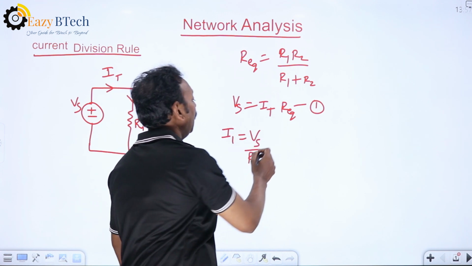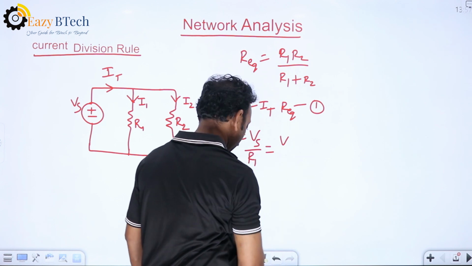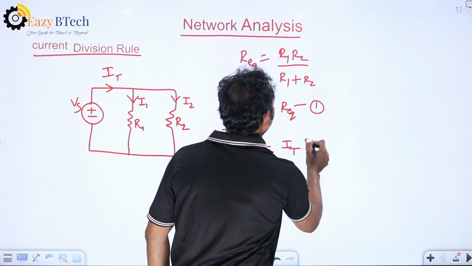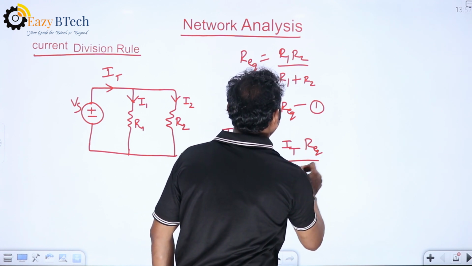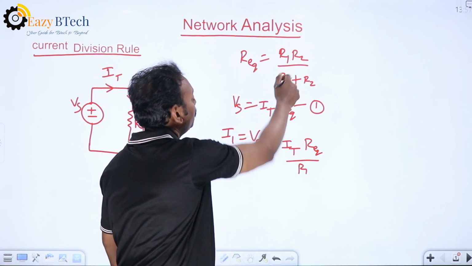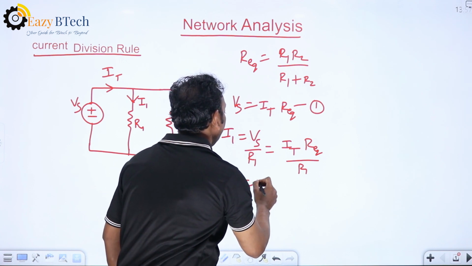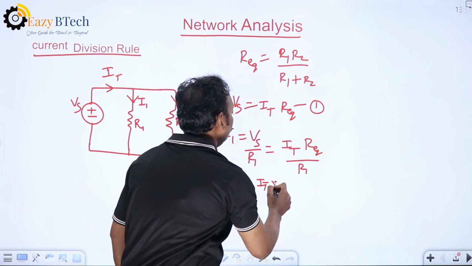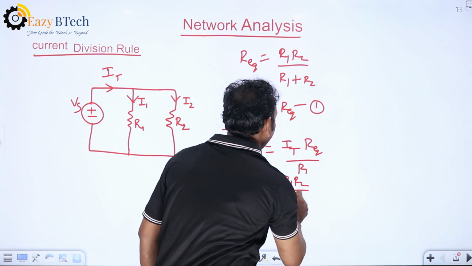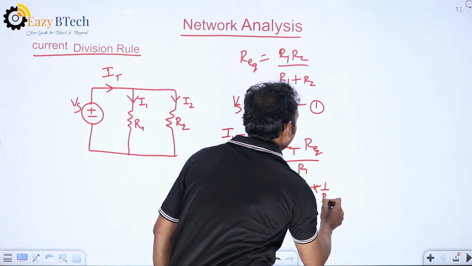Just substitute: I1 equal to I total into R equivalent divided by R1. What is the R equivalent value? R1 R2 by R1 plus R2. Therefore, I1 equal to I total into R1 R2 divided by R1 plus R2 into 1 by R1.